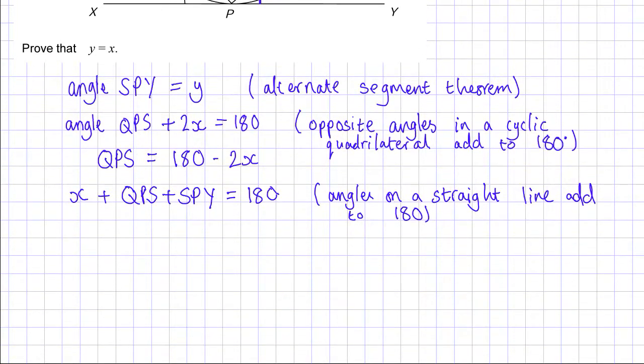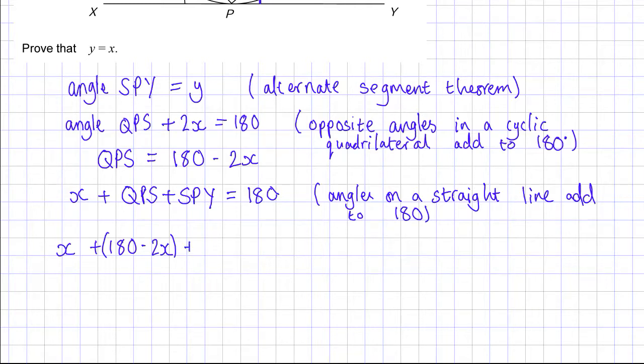Now I can substitute values for QPS. So QPS is 180 minus 2x, and SPY is equal to y. So I'm just going to substitute those values. I'm going to have x plus, so QPS is 180 minus 2x. I'll put that in brackets because I'm substituting. And angle SPY is equal to y.